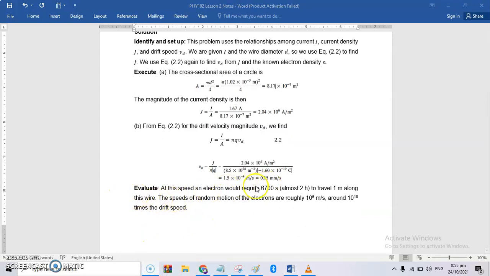Let's continue. Ngayon, nakuha na natin si v = J over nq.